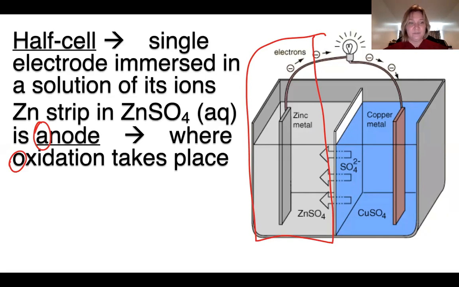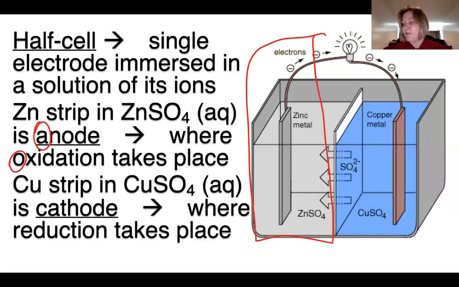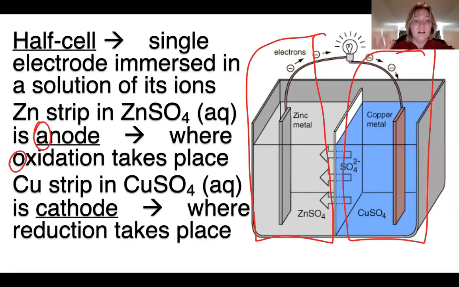The copper half cell is the copper strip in the copper sulfate. That's called the cathode. The cathode is where reduction takes place. Again, the two start with a consonant. So an easy way to remember: anode oxidation, cathode reduction.